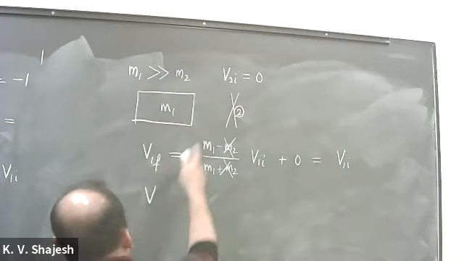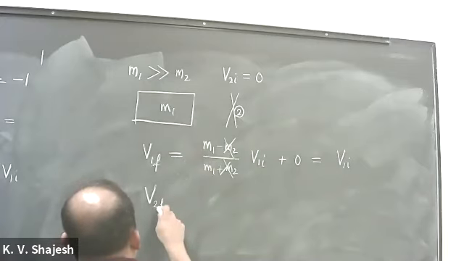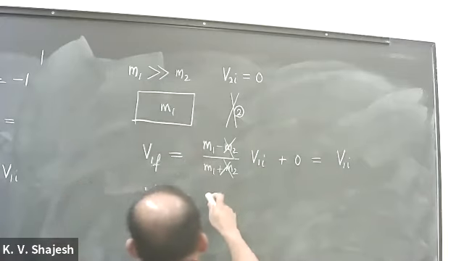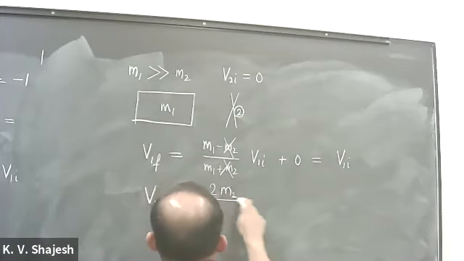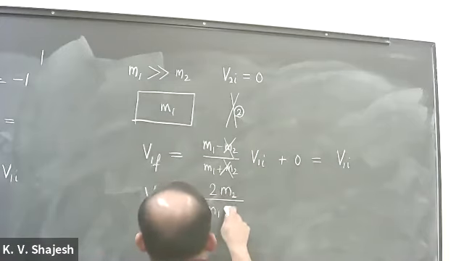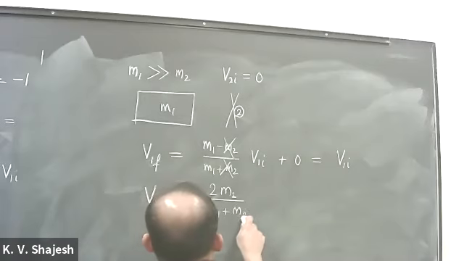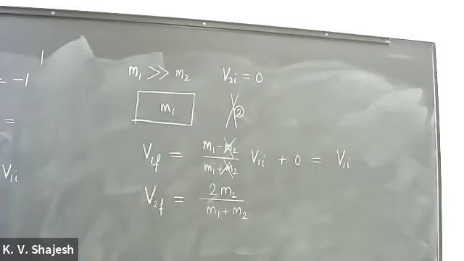What about the tennis ball? What happens to that? That's equal to 2 times M2 over M1 plus M2.